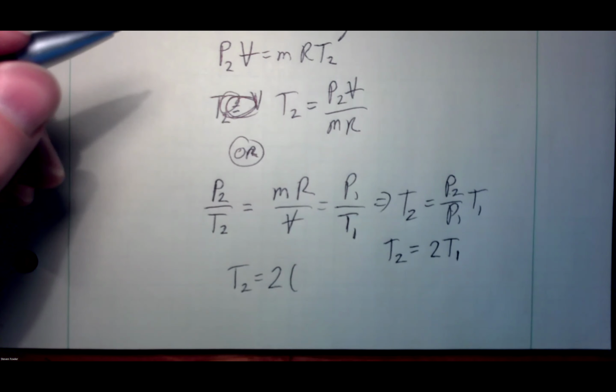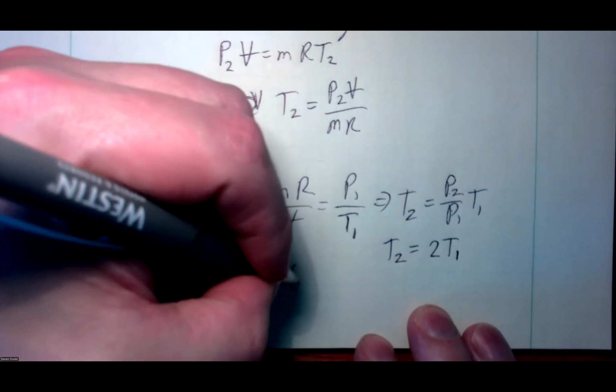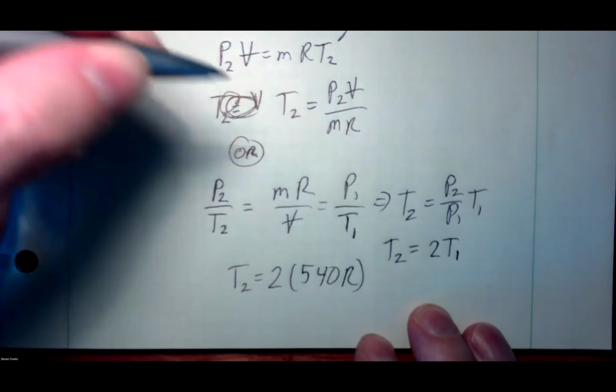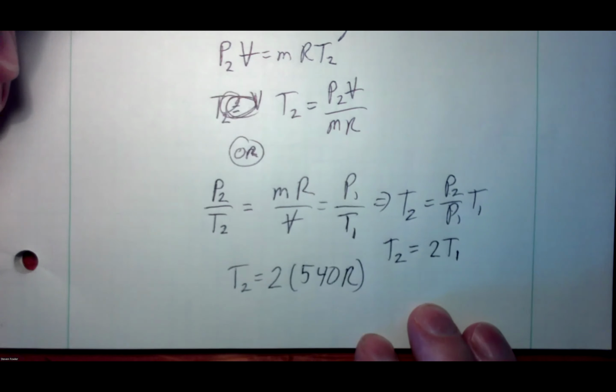I mean, you can, but it gives you garbage that doesn't mean anything. But I can double that 540 Rankine, and this now becomes 1080 Rankine. And if I subtract 460 off of that, that is 620 degrees Fahrenheit.